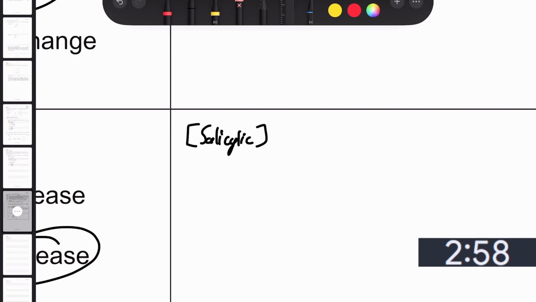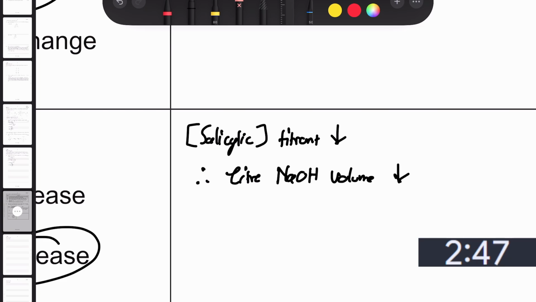Salicylic titrant is going to decrease, therefore NaOH titre volume decreases, since you're going to need less volume to neutralize all of it.